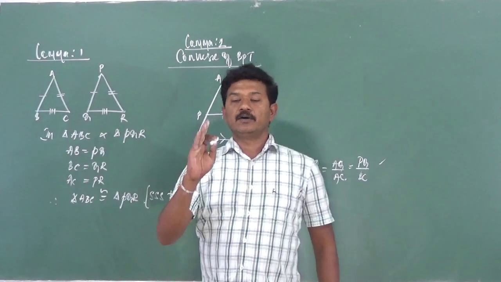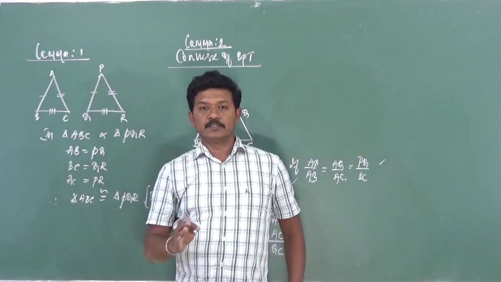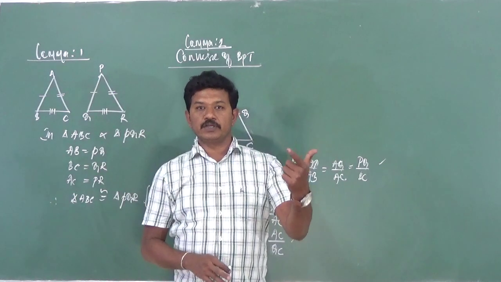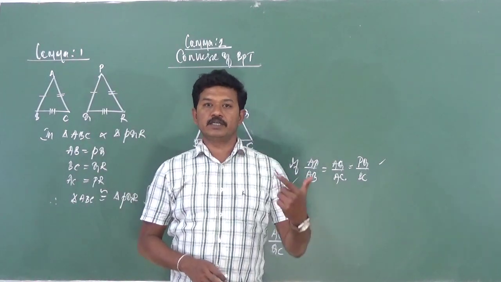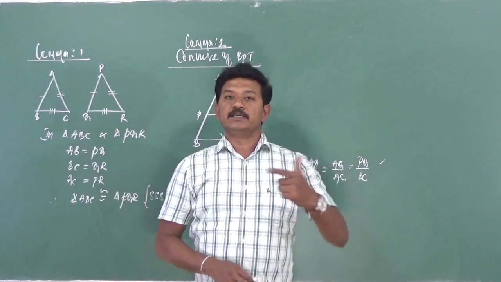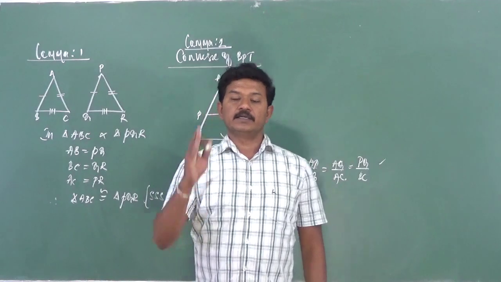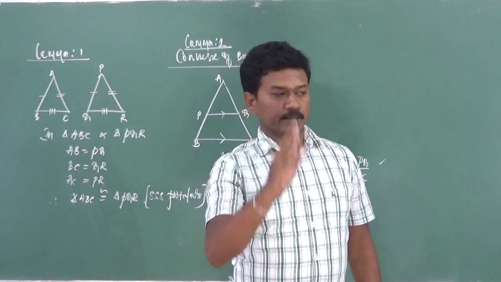So if somebody is saying, I have two triangles which are both congruent, then you should say, yes, you have similar triangles. That is, if two triangles are congruent, then they are similar, right?